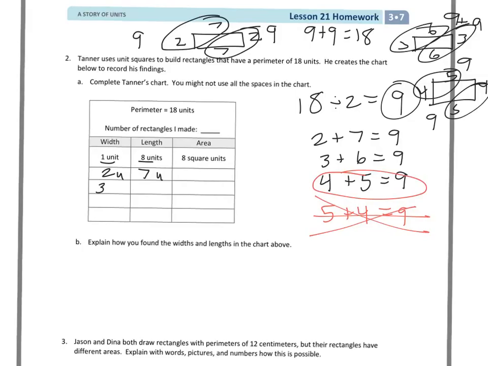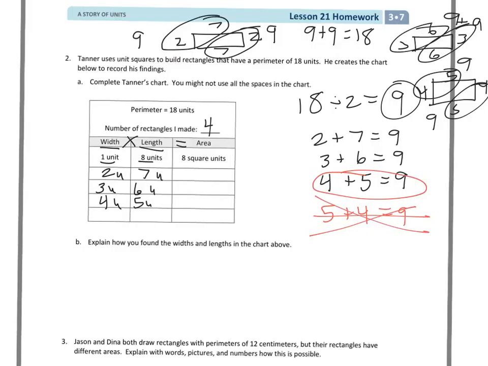it's a matter of figuring out the area for my different rectangles. So I made 4. And now what I'm going to do is I'm going to multiply. I got to multiply the width and lengths together to get the area.